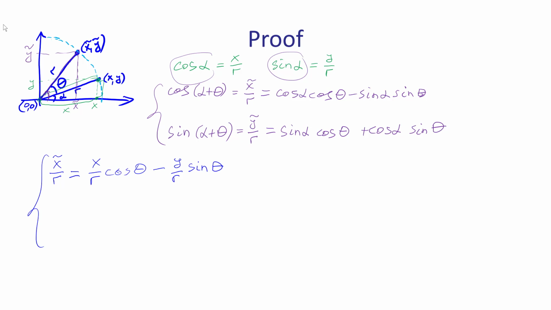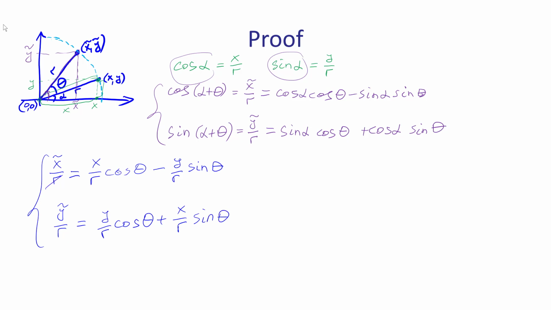Second one is y tilde over r equals sine alpha, which is y over r, cosine theta, plus cosine alpha, which is x over r, multiplied by sine theta.